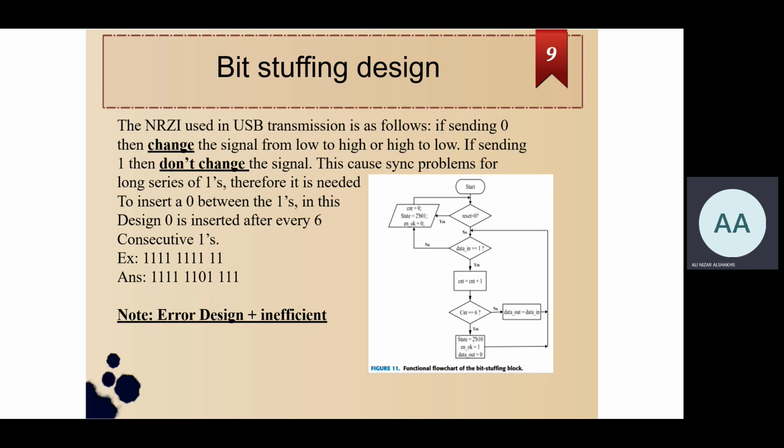So it will just change the signal once, and then it will be sending the same signal forever. It will not change it. Also, it is inefficient because there are 4 states, which is too much for a design like this. It can be implemented in a lesser way.